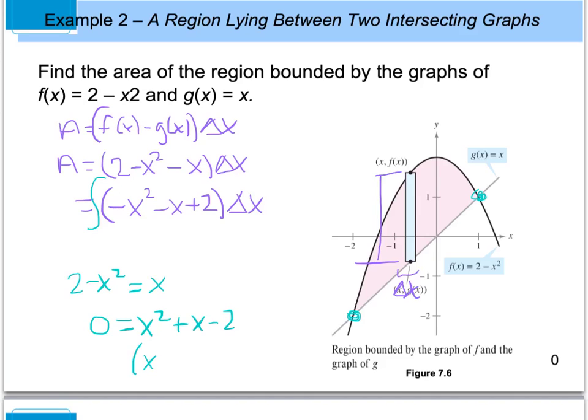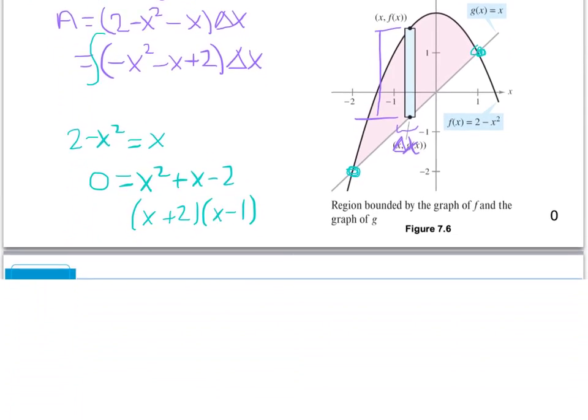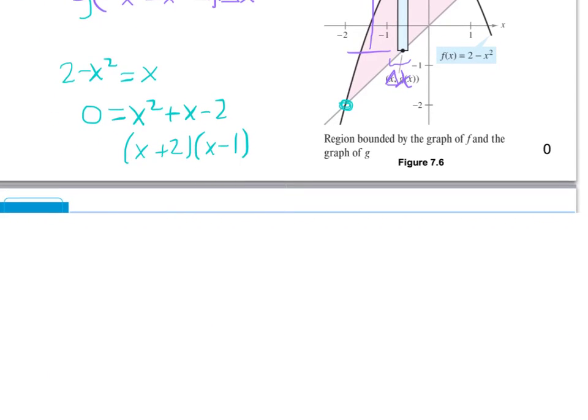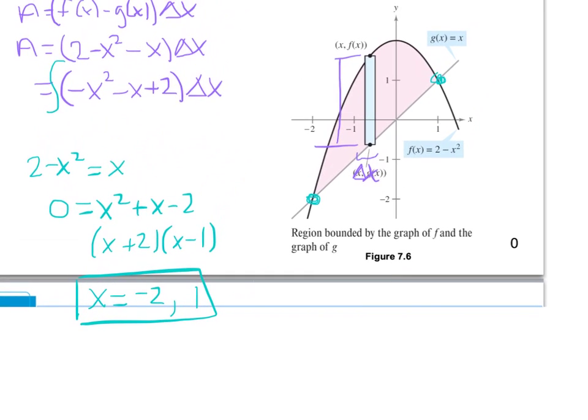From factoring, I see that I can write x plus 2 times x minus 1. This gives me points of intersection at x equals negative 2 and positive 1. And if we look back at our graph, that's what you'll see: we have this negative 2 here, and we have a positive 1 here.